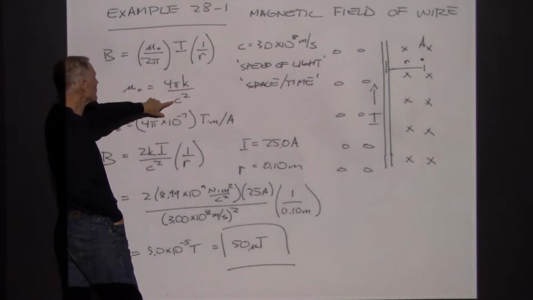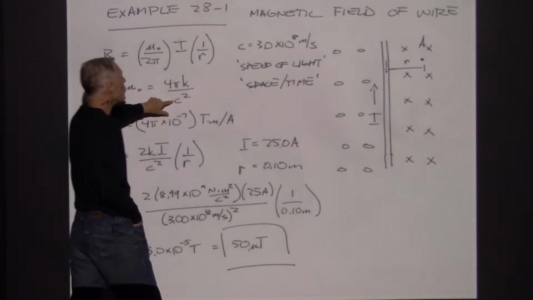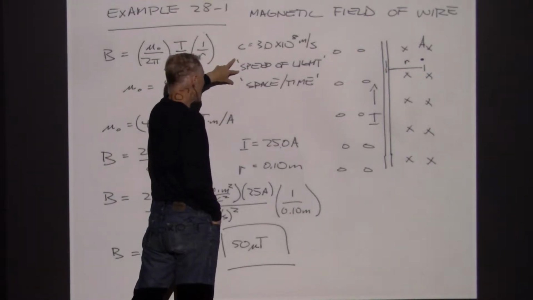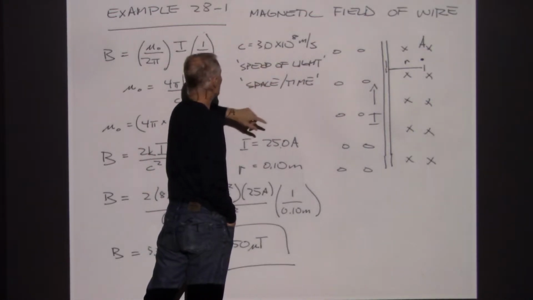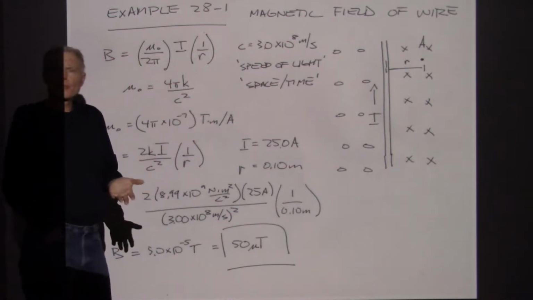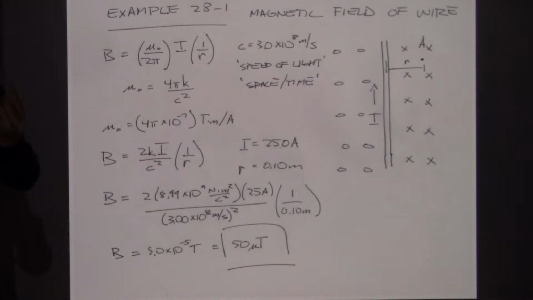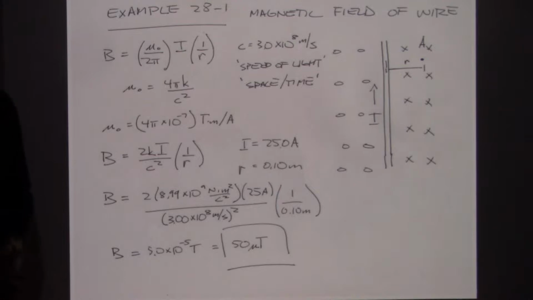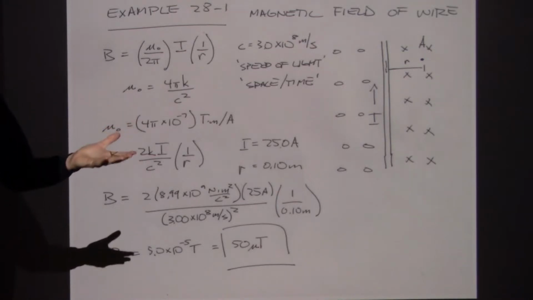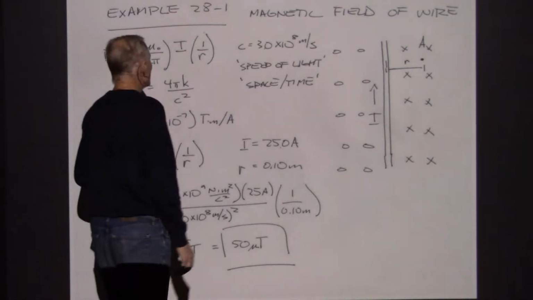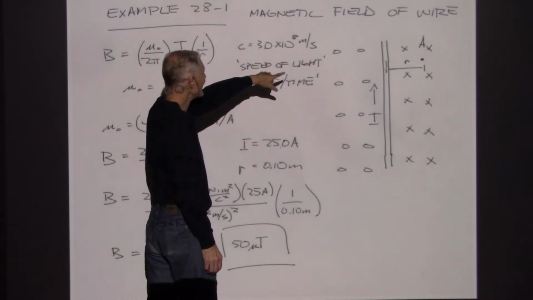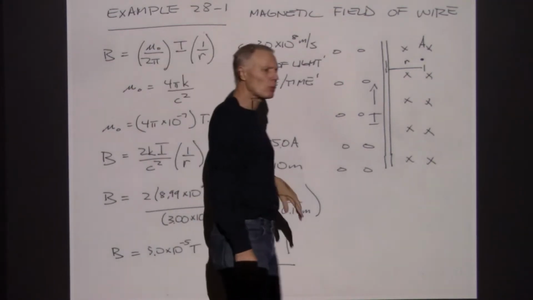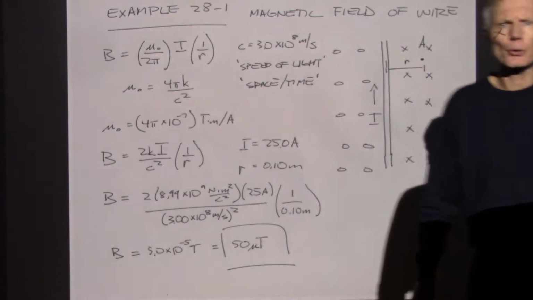Okay, so just to let us know how to make the connection here, we're going to start seeing more factors of c and c squared. c is the speed of light when you look it up, 3 times 10 to the 8th meters per second. But it's more fundamental. It's actually the conversion factor. We talked about this in chapter 27. c is actually the conversion factor between measuring distances and measuring time. I think it's kind of amazing or kind of interesting here. 1 second of time is equal to 3 times 10 to the 8th meters.